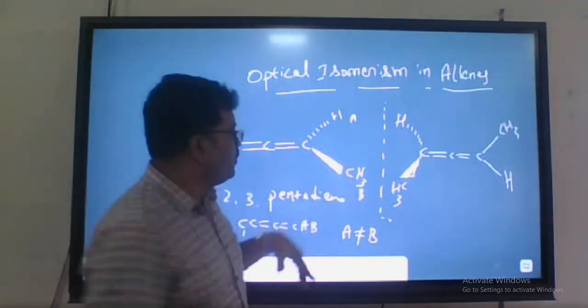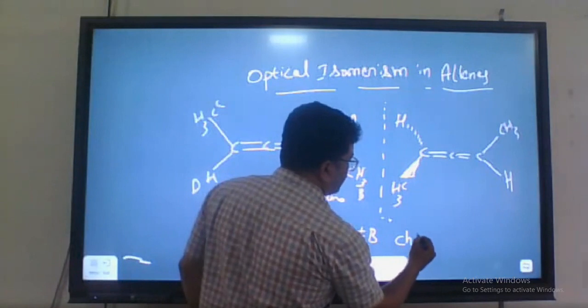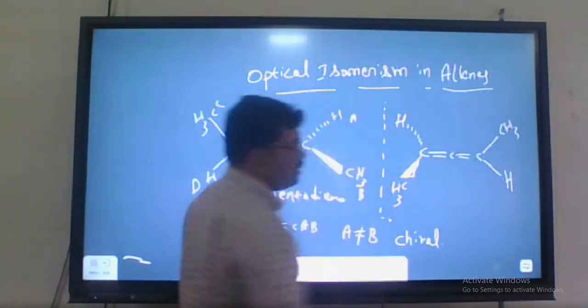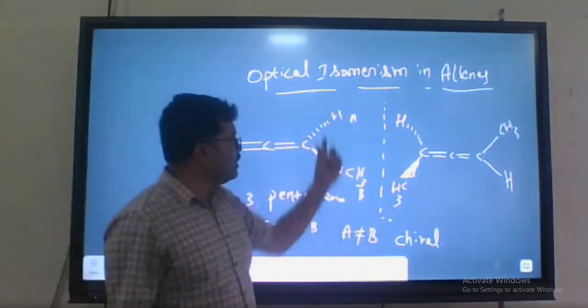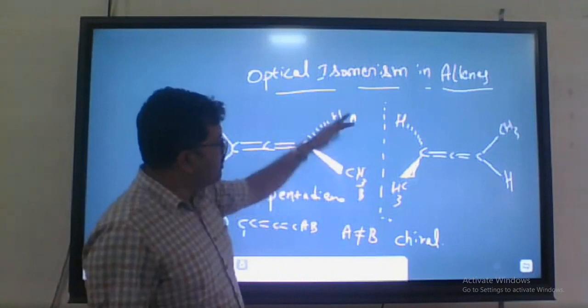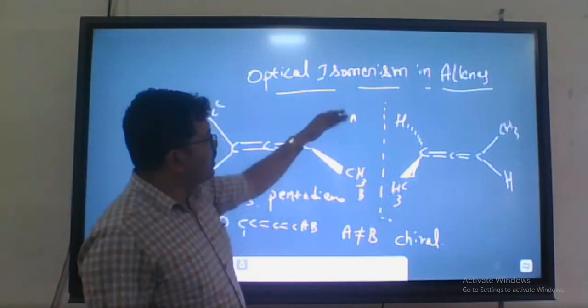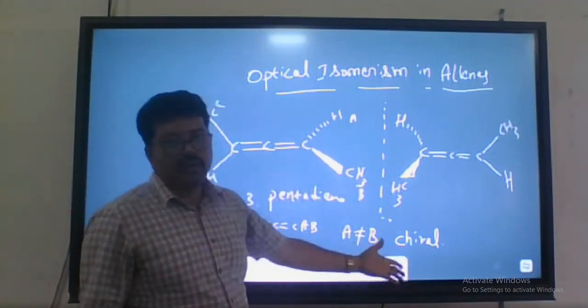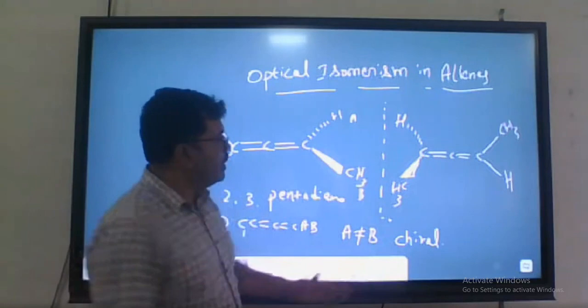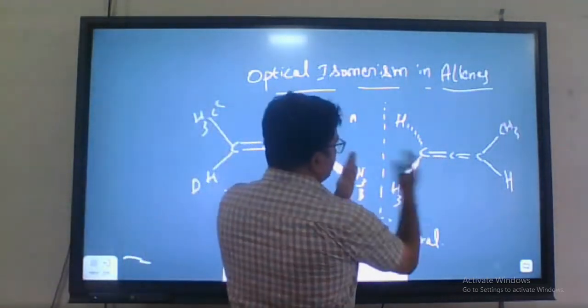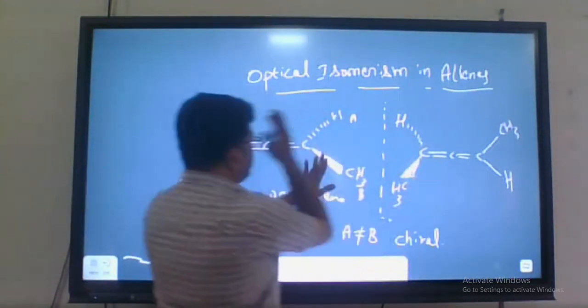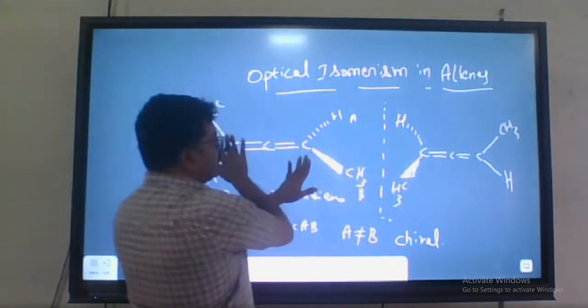This is called chiral. We can call this one chiral because A is not equal to B. If the substituent is different on this carbon, A not equal to B, then this is chiral. And these two are not superimposable. We can't put this molecule here.